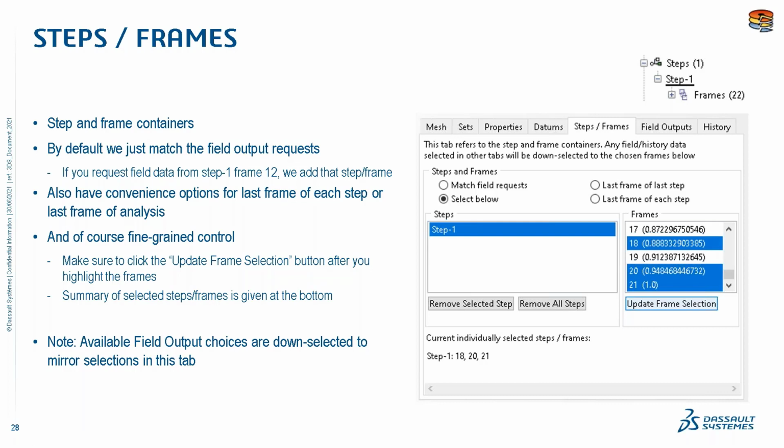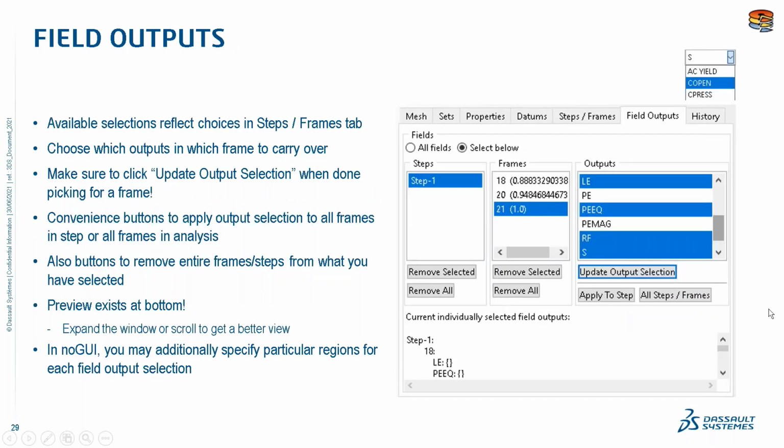And so when we get to the field outputs, they're automatically down selected to mirror whatever the selections are in this tab. So we take a look, we've selected frames 18, 20, and 21. And now when we go to our field outputs tab, we can choose from those 3 individual frames that we selected in the steps and frames tab. So in here, again, I can carry over all the fields, or I can select specific fields.